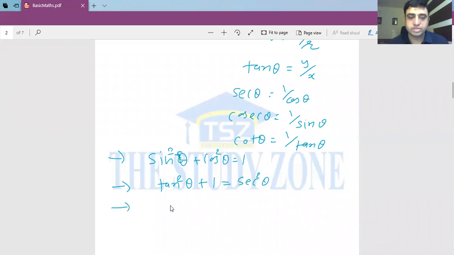If we divide both the sides by sine square theta, then it will be 1 plus cot square theta equal to cosec square theta. This is what you have studied so far. Am I right? These are the basic identities. Now onwards, I'm going to discuss with you what we need in 11, 12 physics.